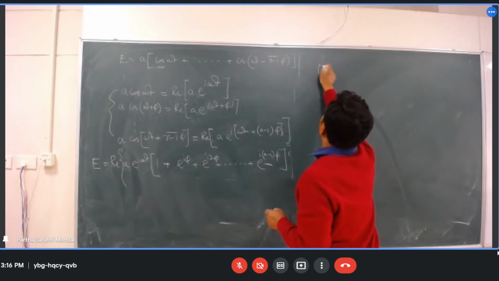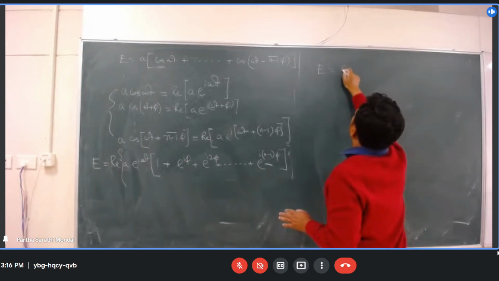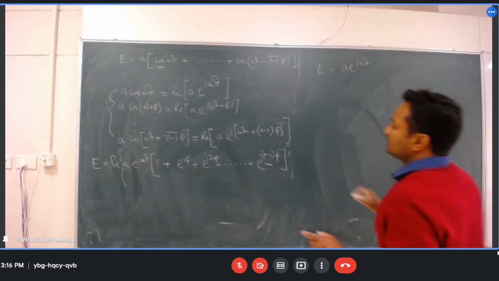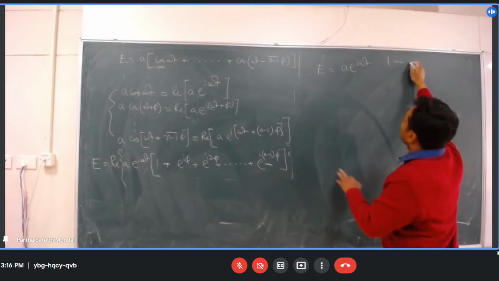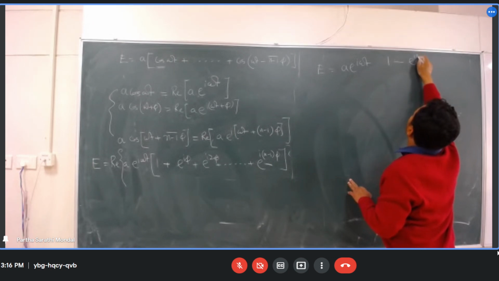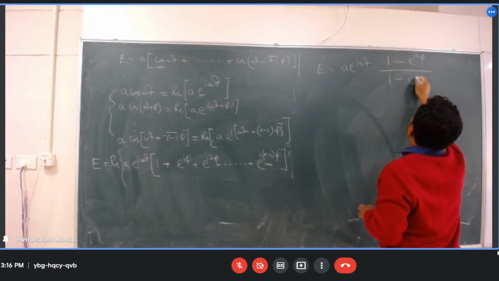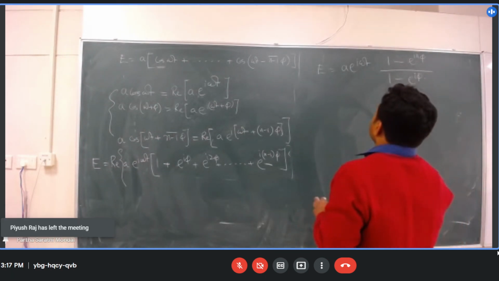E equals, I'm not writing real part again and again, a times (1 minus r to the power n), where r to the power n means e to the power i n phi, divided by 1 minus r. Now what do you do?